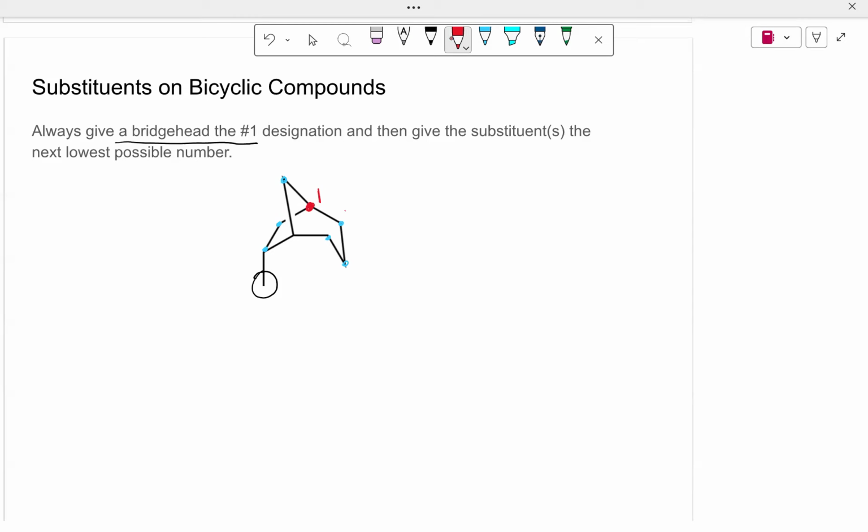So I'm going to number this way, and I just go around, and then I give this peak at the top the last number. So I would call this 6-methyl. There's my substituent on 6. Bicyclo 3.2.1 octane.